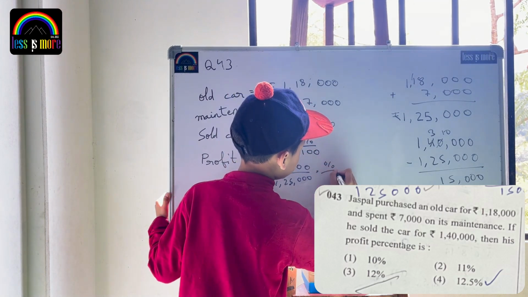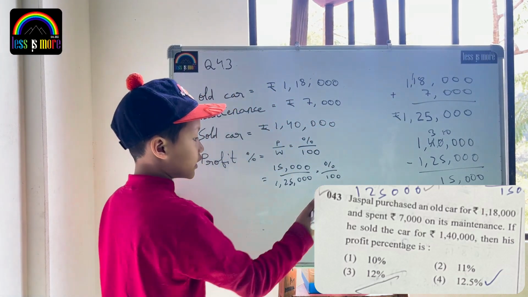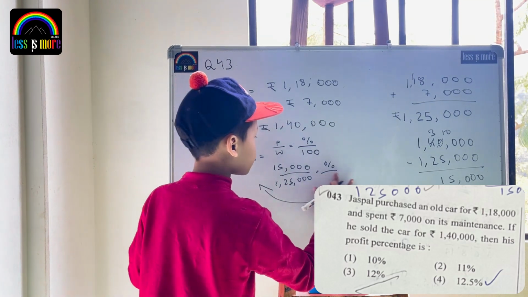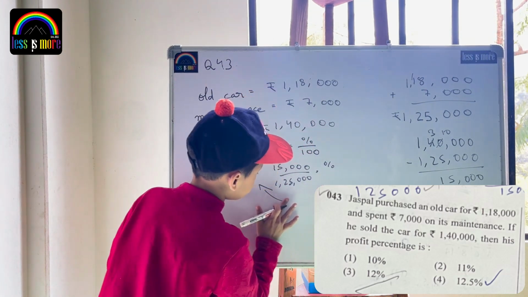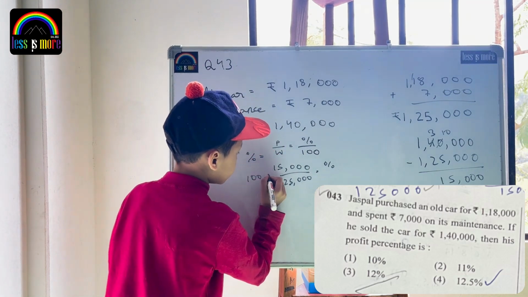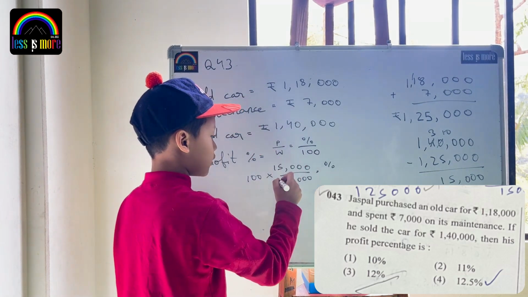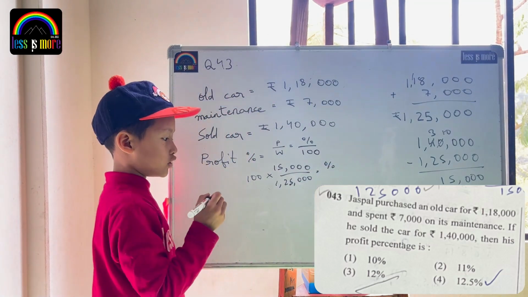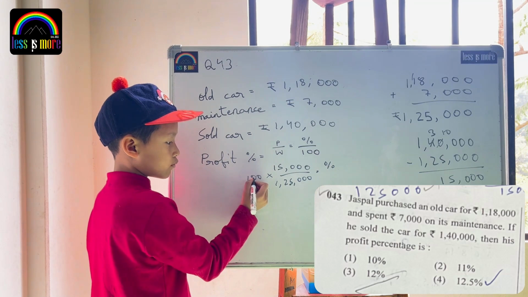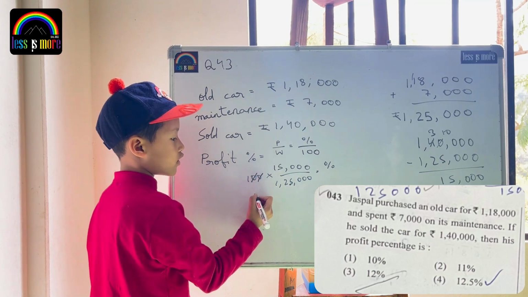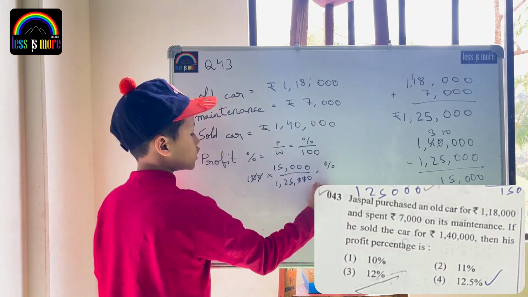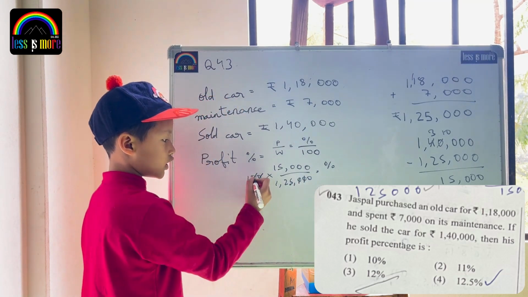equals percentage by 100. We'll cross multiply, and I will take this 100 over here, and it will become 100 times 15,000 by 1,25,000 equals percentage. So we are going to cancel the zeros. Since there are 2 zeros here, and there are 3 zeros here, we cancel the 2 zeros on this 3 zeros.